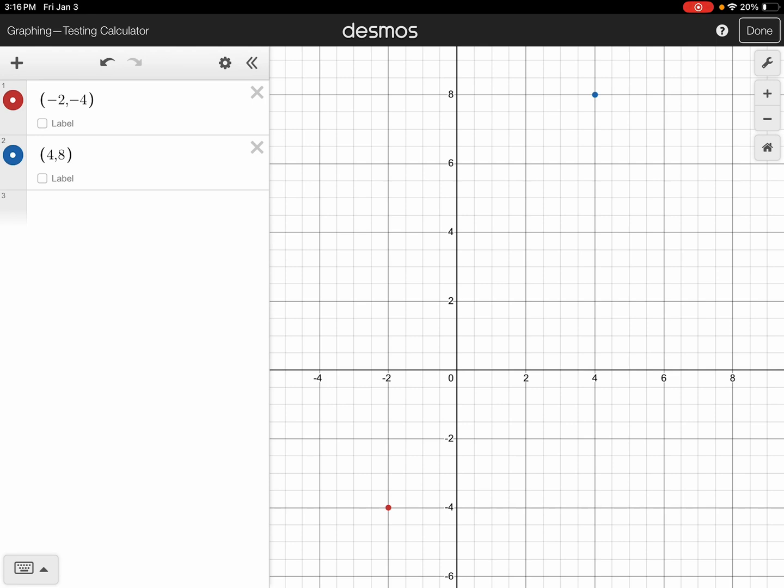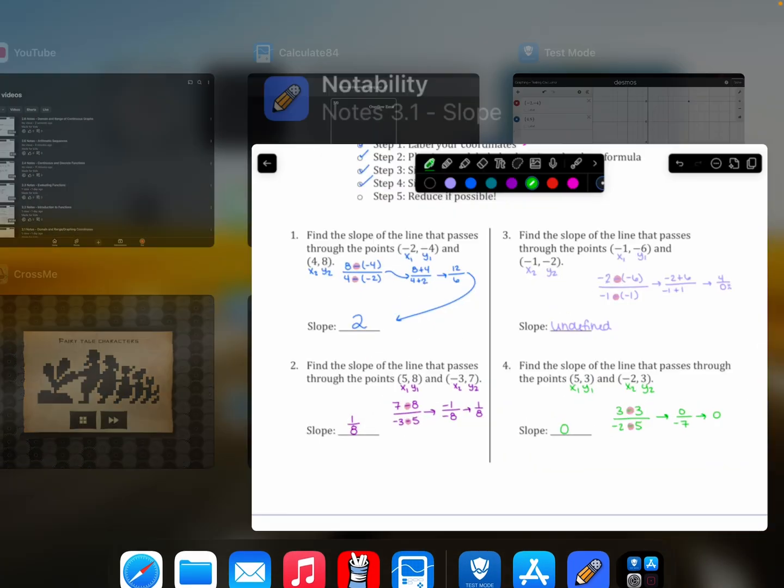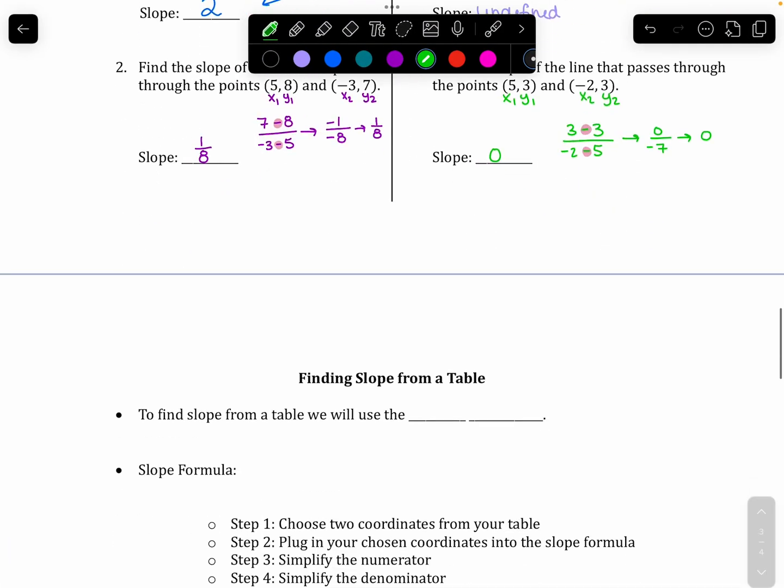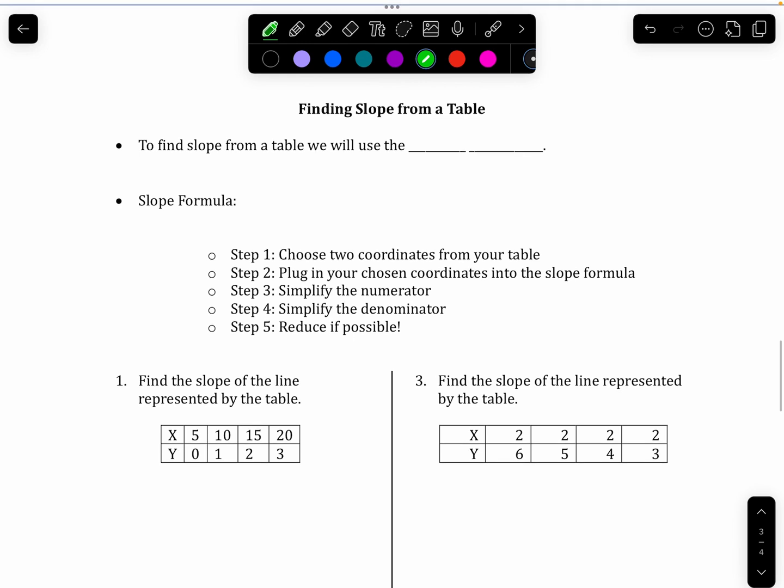You'll be able to see that if you go from the red dot, up 2 and then over 1, and then up 2 and then over 1, and then up 2 and then over 1, you will end up at the blue coordinate. So that's kind of a way you can check yourself. Okay, so there you go.